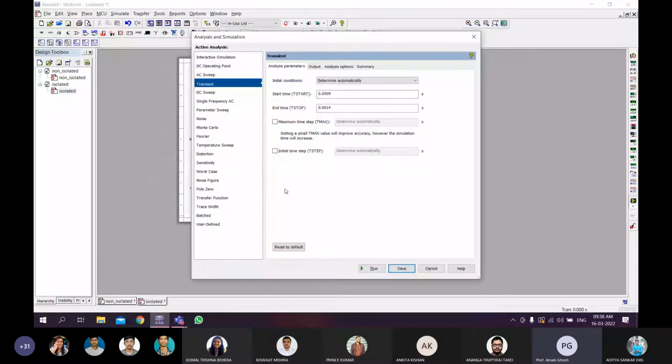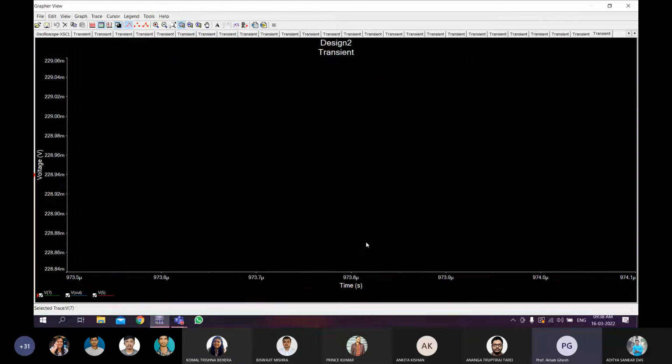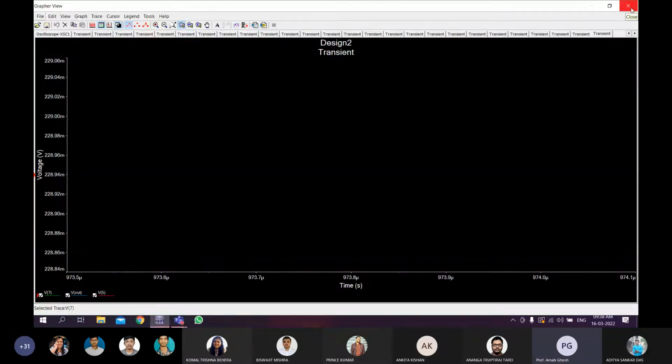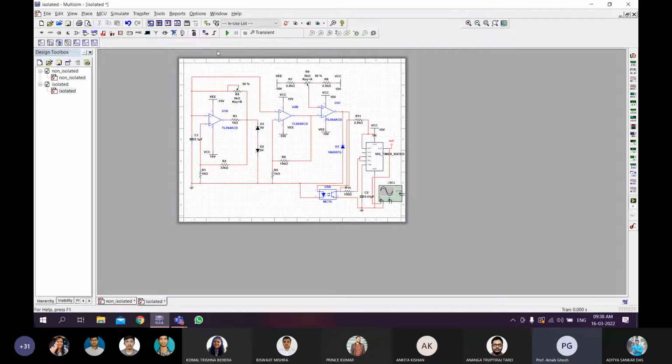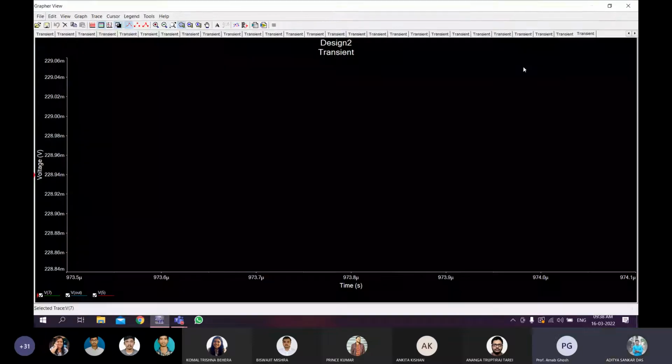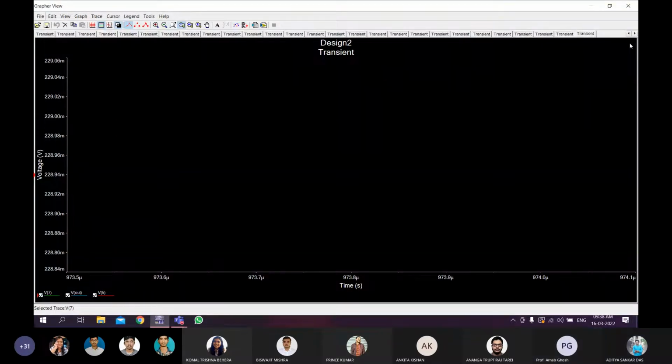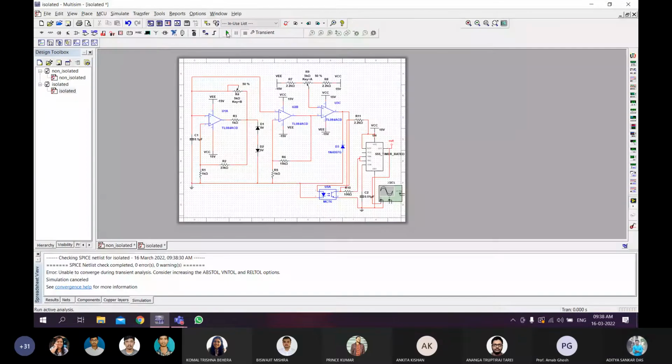What is the difference between isolated and non-isolated? Only the isolated part needs to be included, so for that it's not coming. Why? It should come. Did you run the simulation? Minimize the graph. No, it is not running. Press the green button. Press it.